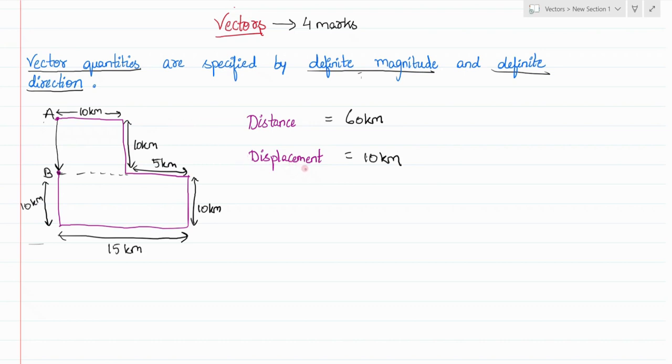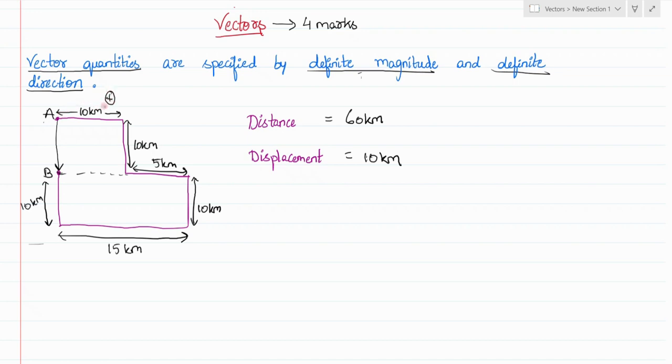Here, why did we get 10 kilometers for the displacement? Because here we are thinking about the directions, how the object is moving. See, when you start moving from point A, it will be in the plus direction.